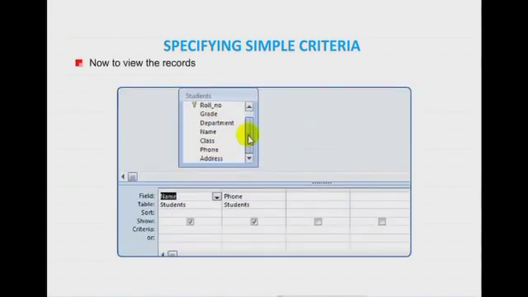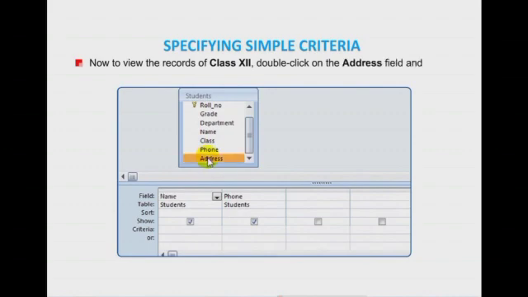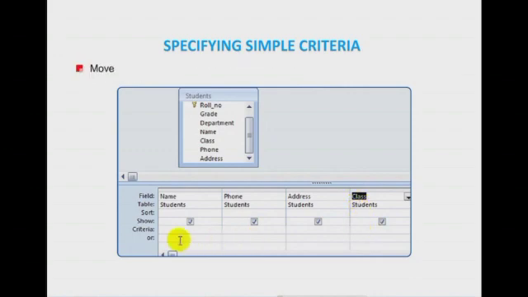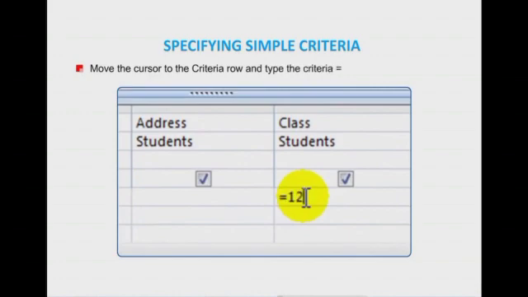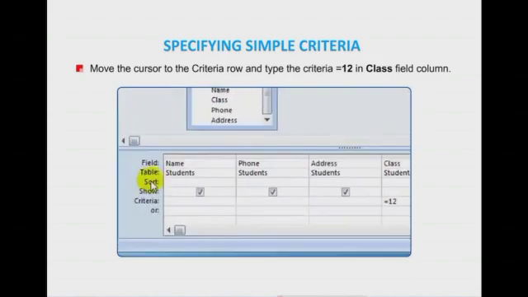Now to view the records of class 12, double-click on the address field and class field in the field list. Move the cursor to the criteria row and type the criteria equal to 12 in the class field column.